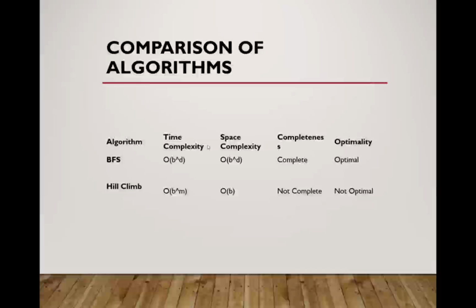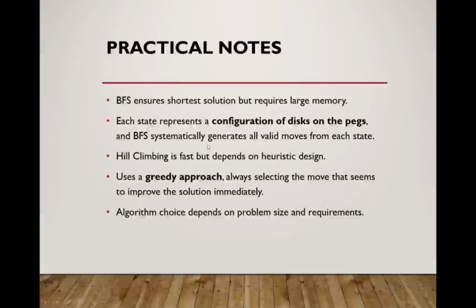And here are some of the practical observations. So BFS ensures the shortest solution, but it consumes a large amount of memory. And in BFS, each state is treated as a configuration of disks on the pegs, and it systematically generates all valid moves from that state.